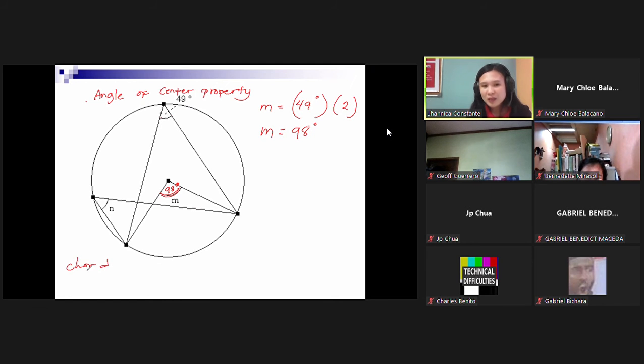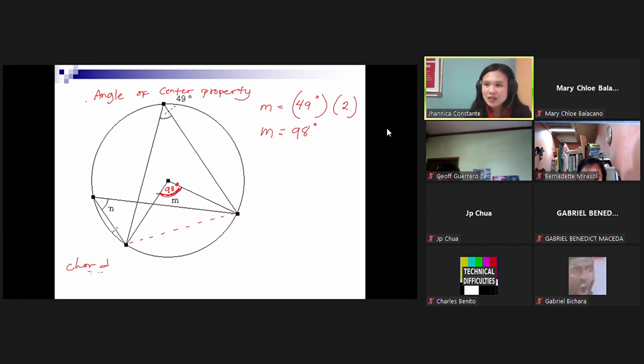If you use the chord property, when angles share the same chord, those angles have the same or equal measurement. If you use the angle of center property, get half of the measurement of your central angle.